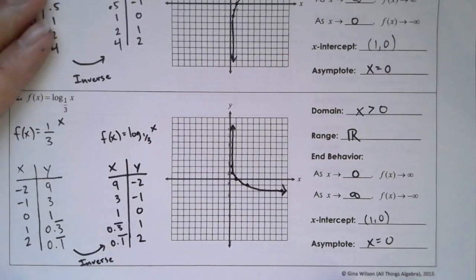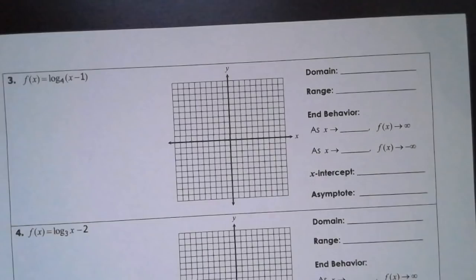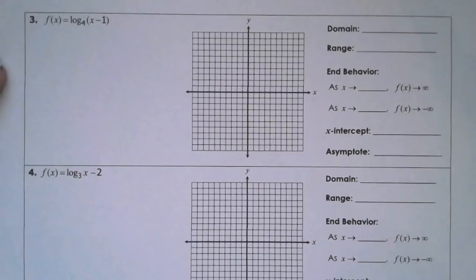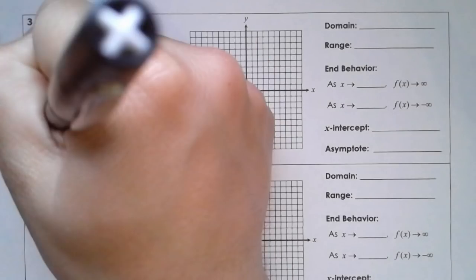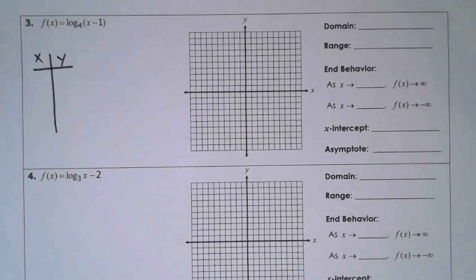Next example, I have log base 4 of x minus 1. So if I'm going to use my tables, so I have x and y, maybe we can see it as transformations of the exponential function.